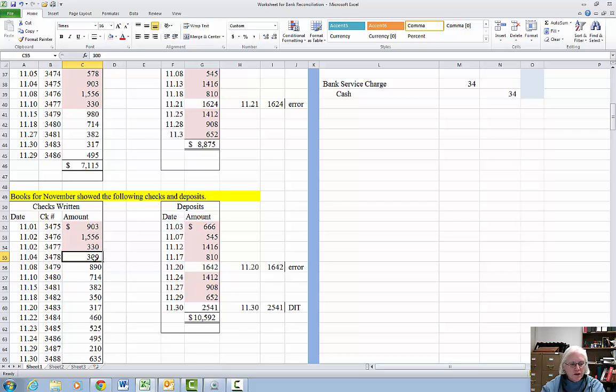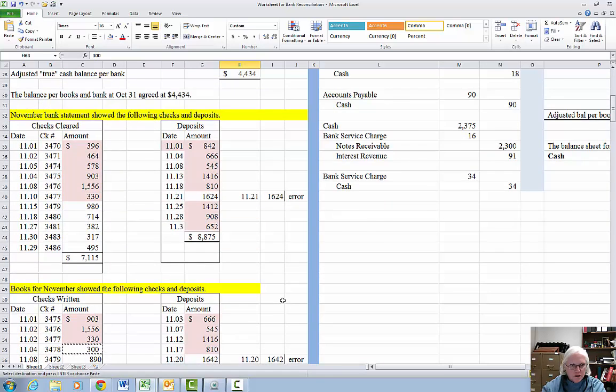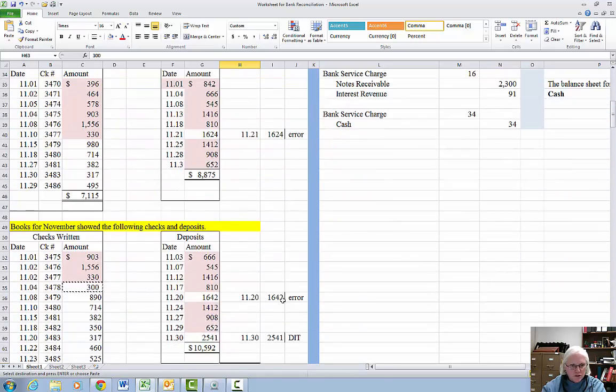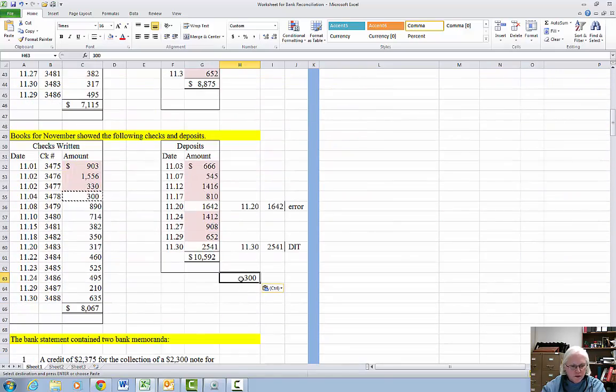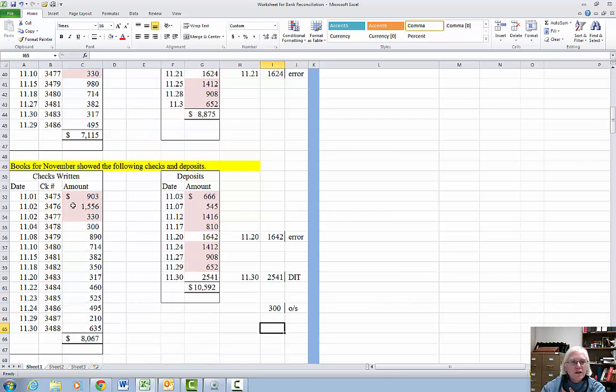Okay, so that $300 is, let's see, I'm going to come right down here for those outstanding checks. And where did I do that? I did it actually one over, didn't I? Put it there and label it outstanding.